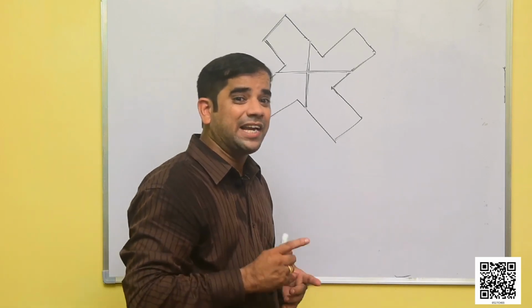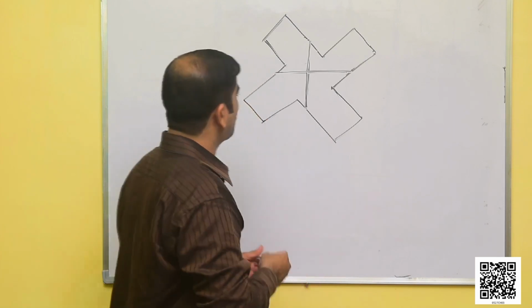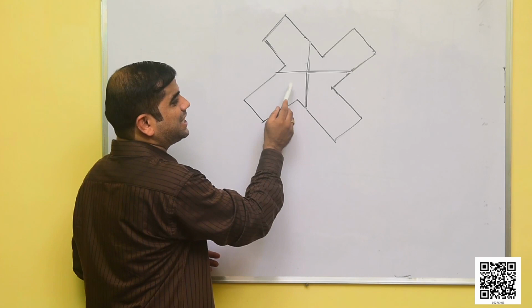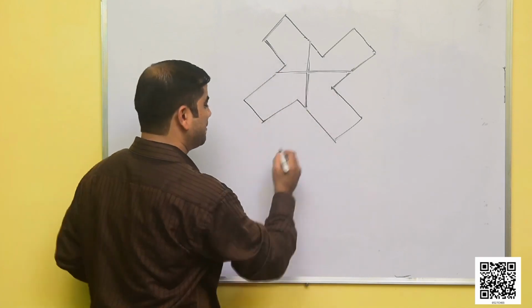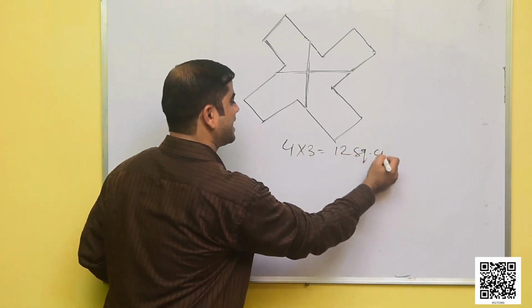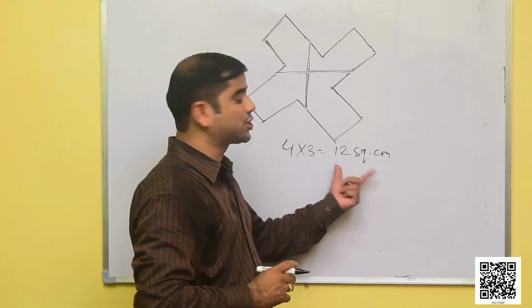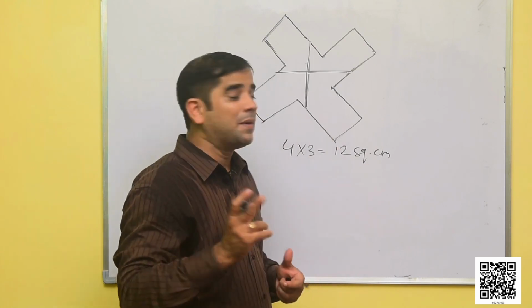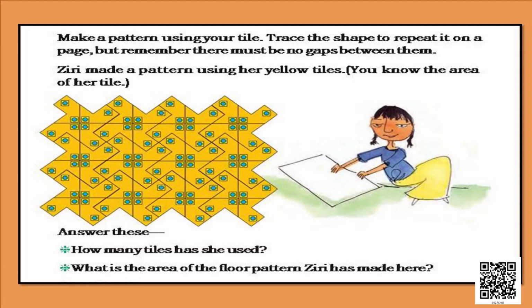So what was the area of each tile? It was 3 square centimeter. So what is the area of this pattern? It has 4 tiles. So 4 threes are 12 square centimeter. So each pattern contains 12 square centimeter. So how many such patterns are there in the pattern that Ziri has made?